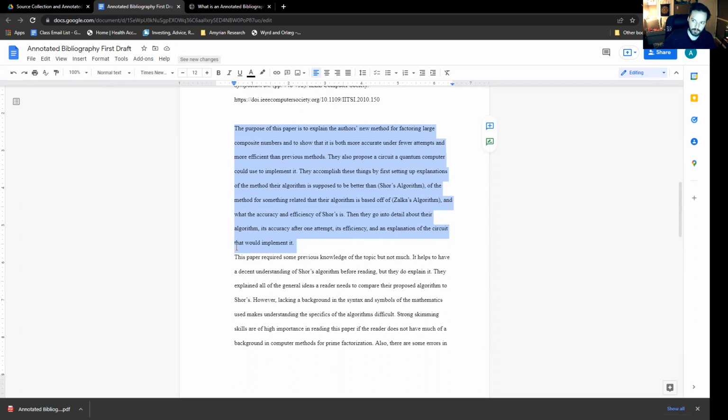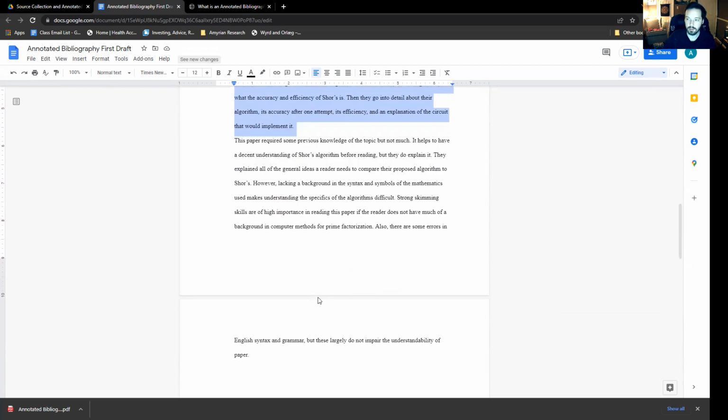If you say it wasn't very readable, tell me why. If it was readable, tell me why. And then tell me the relevancy to your project in just 1 sentence. It's usually 2 sentences at the end. 1 sentence is for the readability, 1 sentence for the relevance. Everything else is just summary.